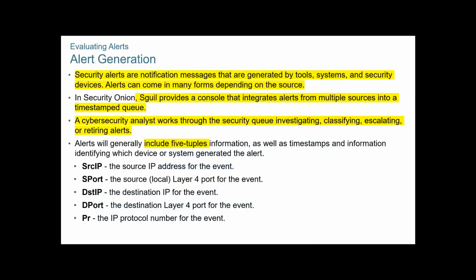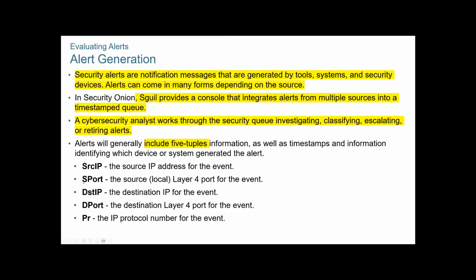So we talked about this last week. We talked about the 5-tuple, and you'll hear it many times. If you take the certification test, there's a lot of questions on the certification test. So all of the alerts will include those 5-tuples, and that would be the source IP address for whatever event you're looking at, the source port, that layer 4 port for the TCP or UDP port for that event, the destination IP, then the destination layer 4 port for the event.